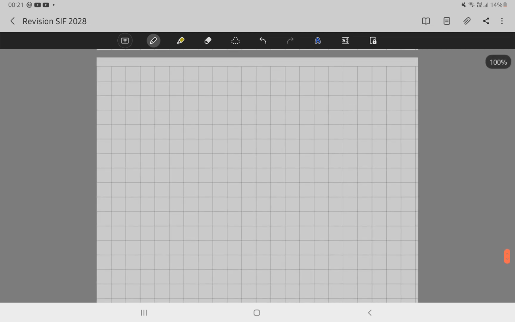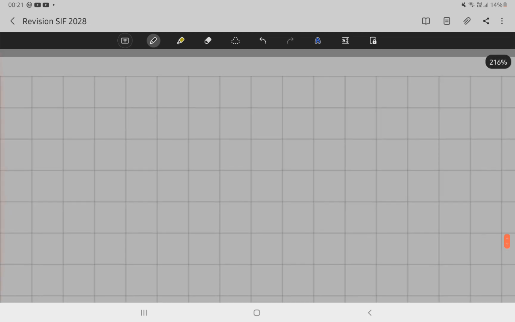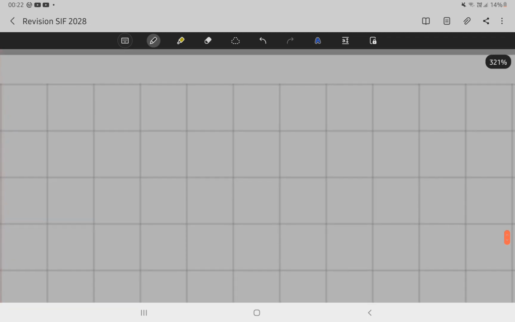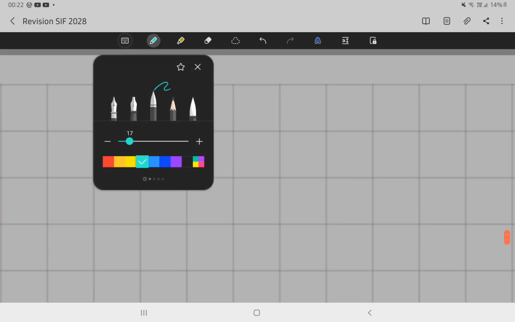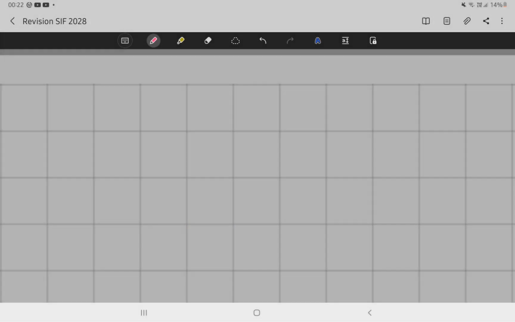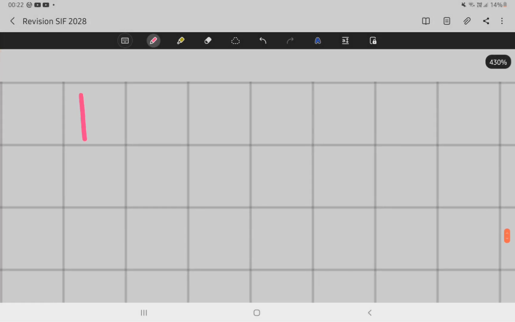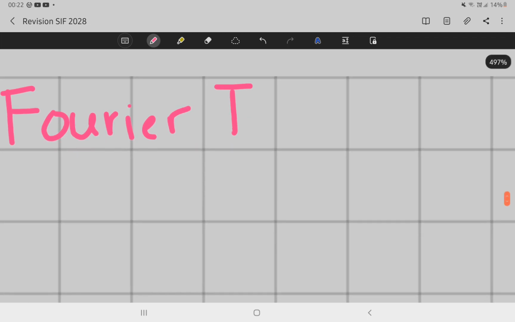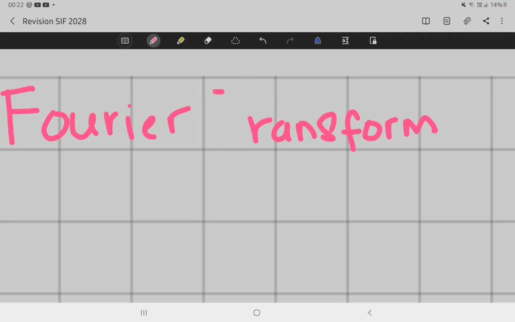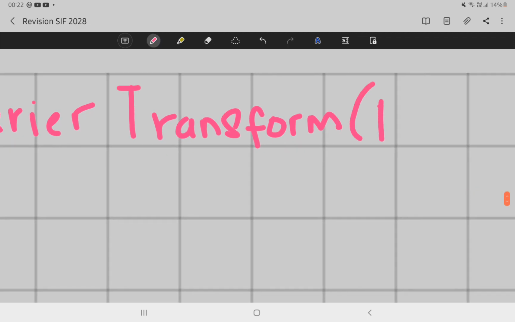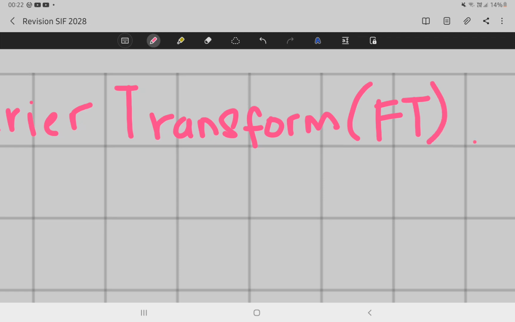And then the next topic is all about the Fourier transform, FT.